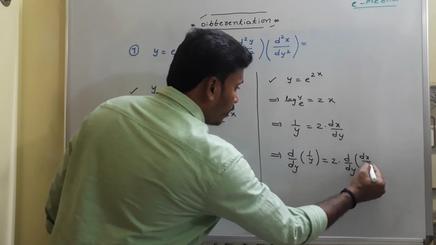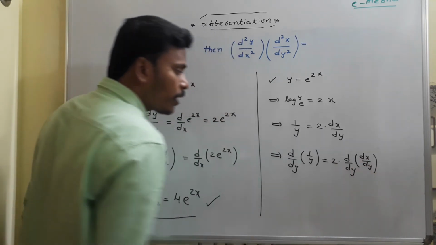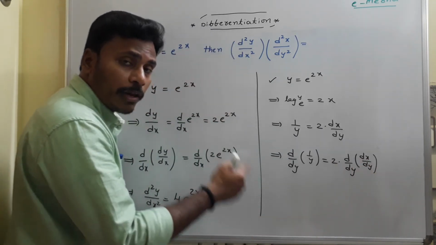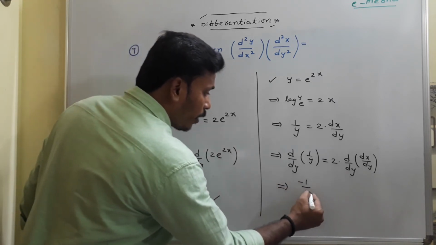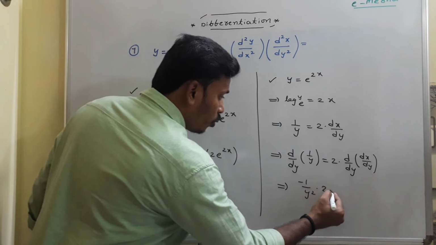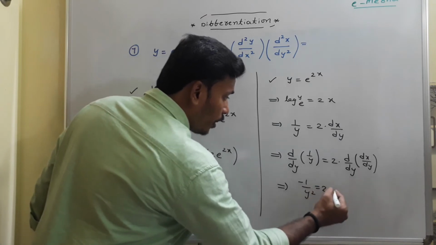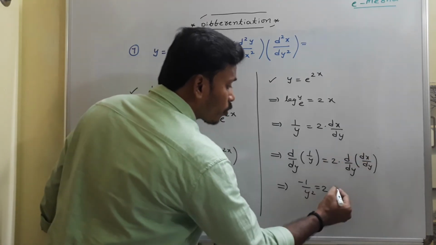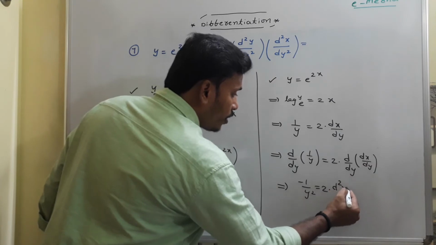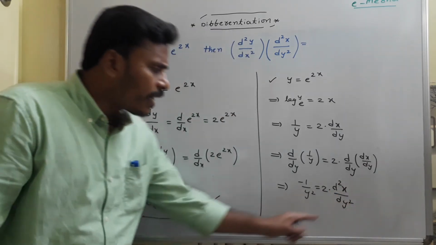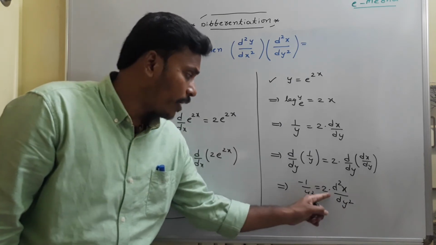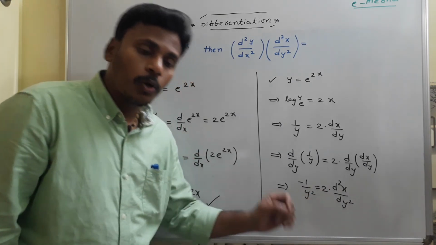The derivative of 1 by y with respect to y is minus 1 by y square, and this is equal to 2 into d square x by dy square. From there, we directly get d square x by dy square as minus 1 by 2y square.